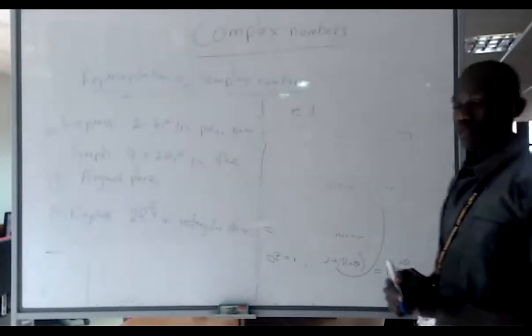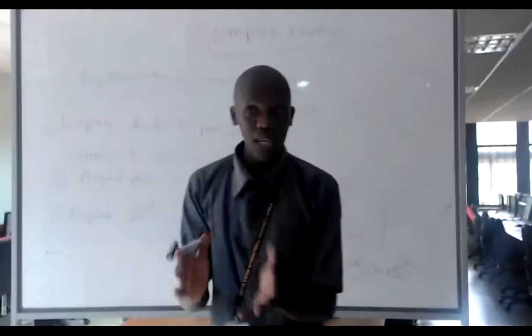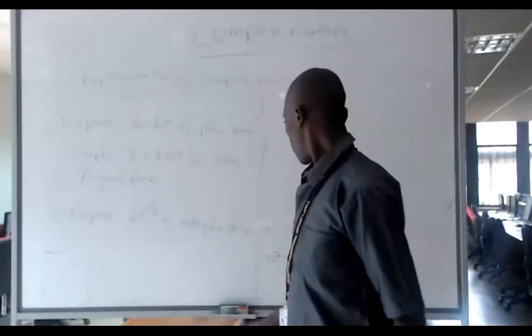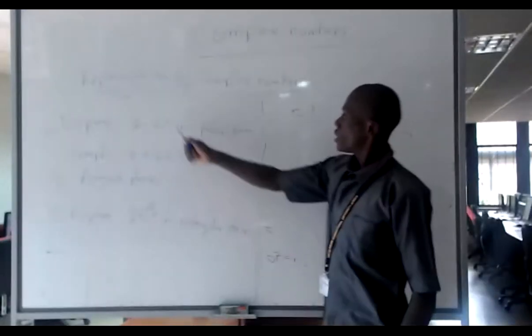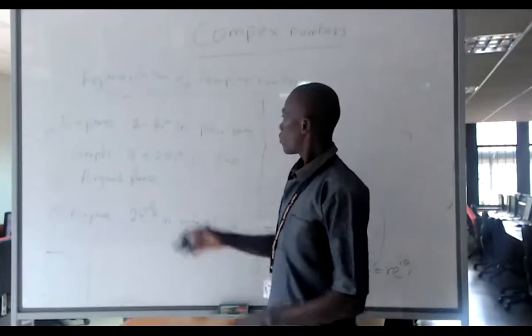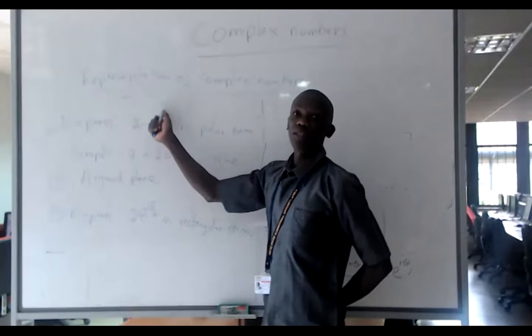And I've just hinted that when finding roots and powers of complex numbers, it's easier to use the exponential form and the polar form as compared to the rectangular form. For example, if I ask you to find 2 minus 6i raised to power 100.